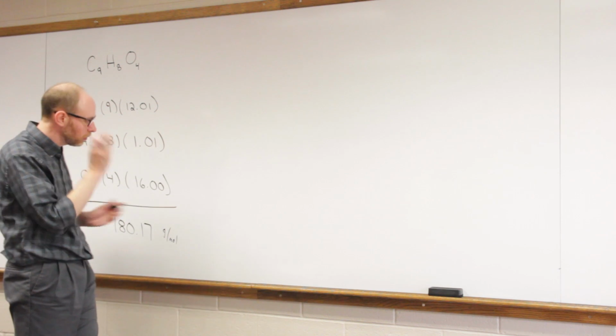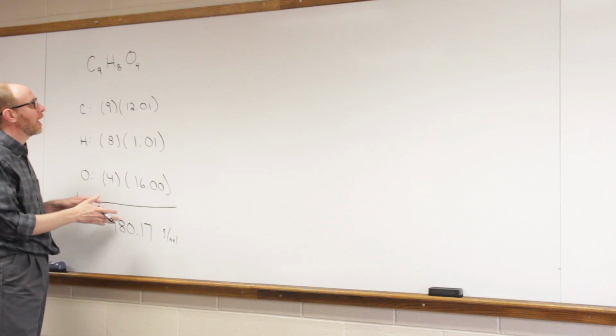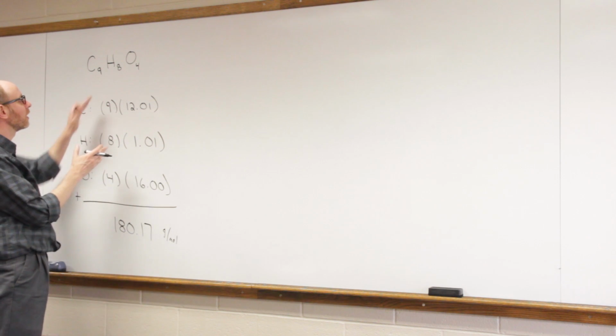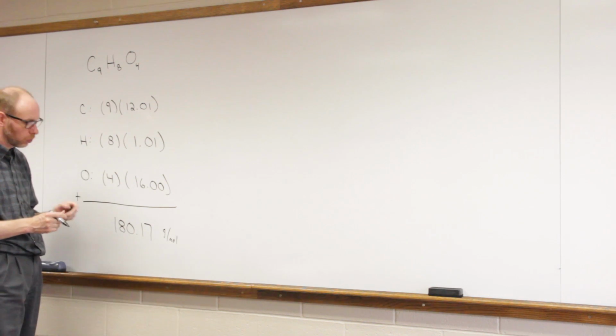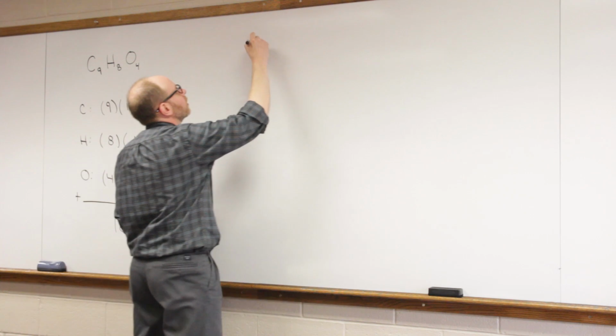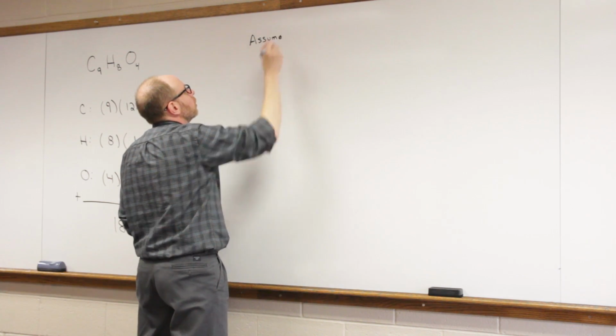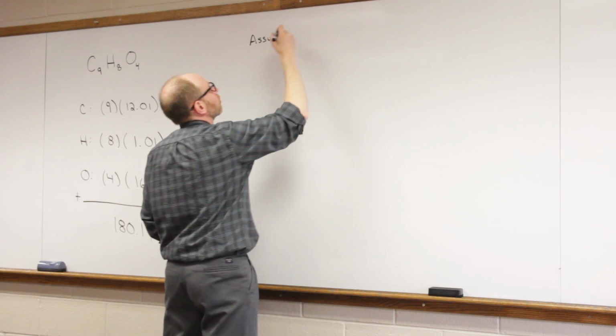So now what we want to do is calculate what the mass percent of carbon is in that compound. Well, we know how many grams are in 1 mole, so we're going to assume that we have 1 mole of aspirin.